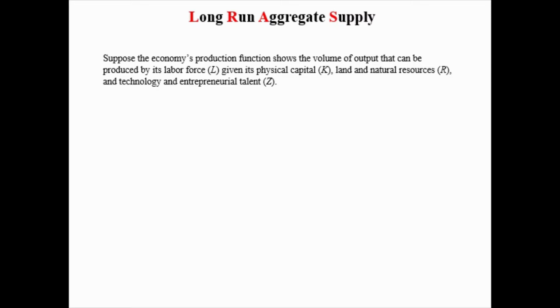Land and natural resources are similar to capital, but the difference is there's only so much land, and there's only so much in the ground. So technology can increase our natural resources to some degree.